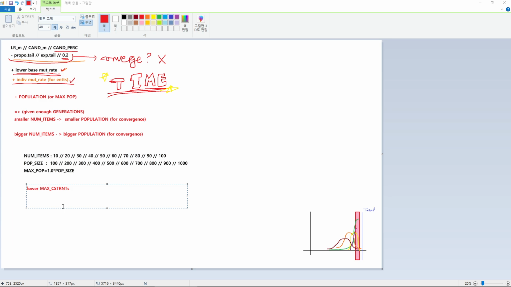Population will start from 100 to 200, 300, and all the way to 1000, with individual mutation rates using lower base mutation rate for computing the individual mutation rates, where the base mutation rate is 0.01 or 1%.